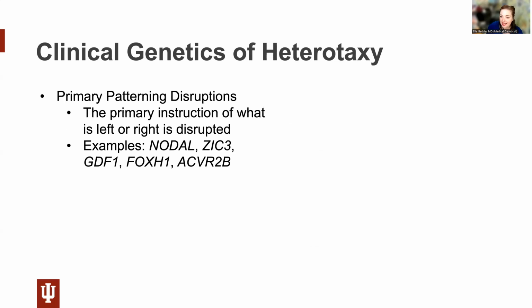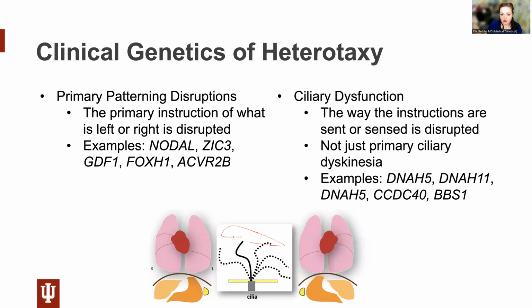The way that I tend to look at heterotaxy is I think of primary patterning disruption. So, what is a disruption of the organizer's message, and ciliary dysfunction of how are these instructions being sent.